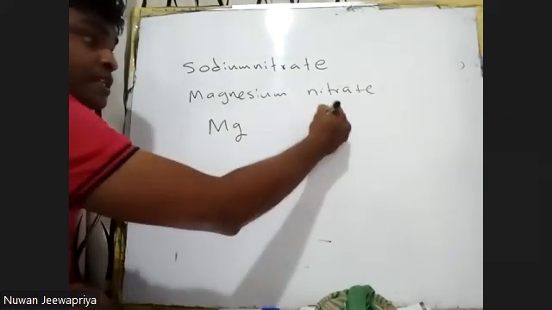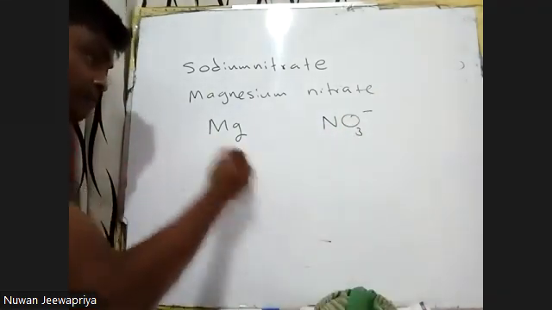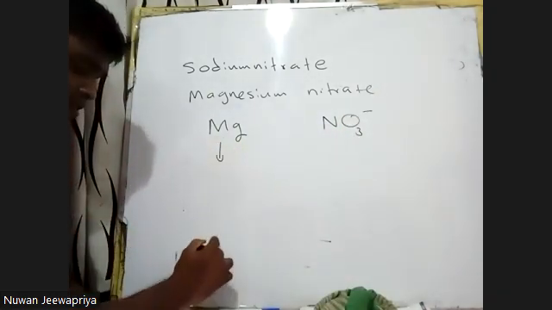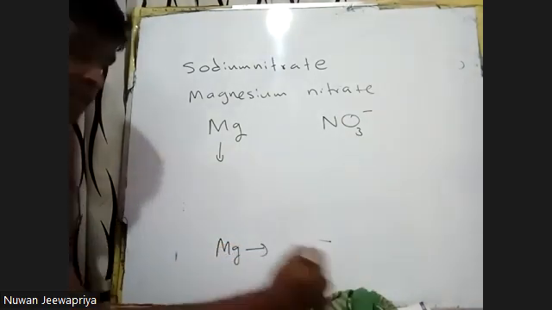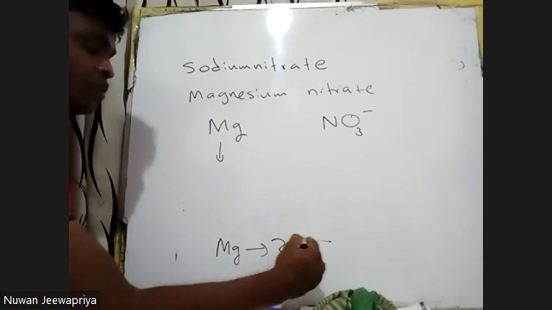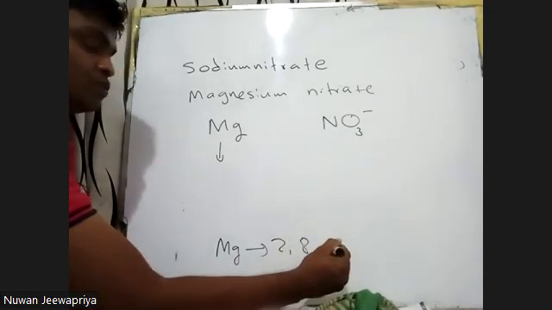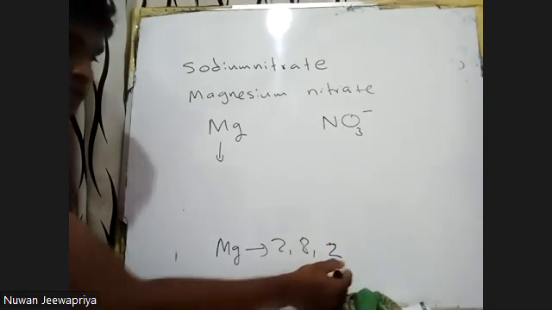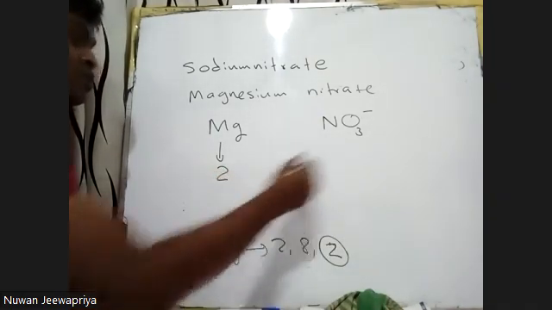Nitrate, NO3 minus. Magnesium's valency: magnesium's atomic number is 12, so 2, 8, 2. So what's the valency? It removed 2 electrons. So the valence is 2.